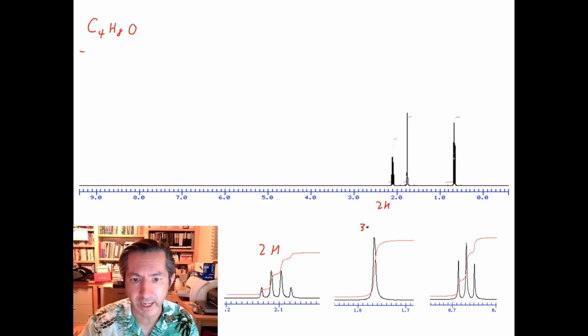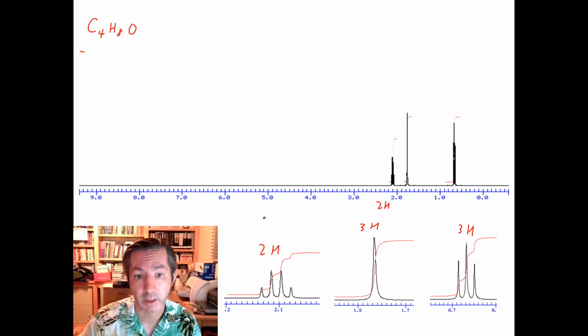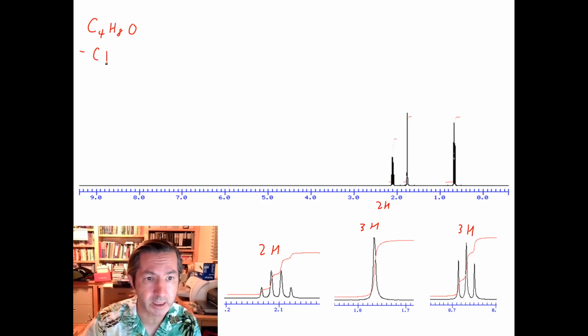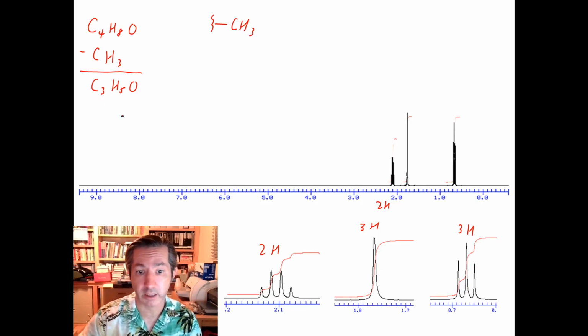We have 3 hydrogens in a singlet, 3 hydrogens in a triplet. Let's look at our pieces here. 3 hydrogens by themselves, well, that can just be a CH3 group. So that's a piece of our puzzle. That only leaves 3 carbons to deal with.